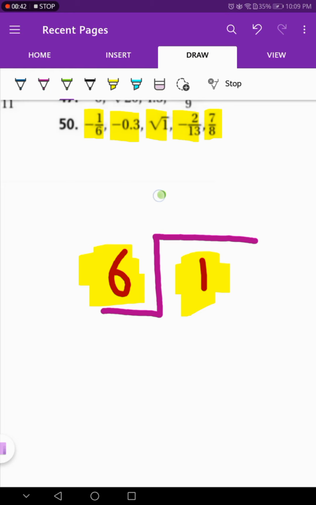Now question number 50: how to order the numbers from least to greatest. The first step, we have to unify the form for all the numbers and pay attention to the negative numbers without fear of them. Okay, now I have negative 1 over 6.